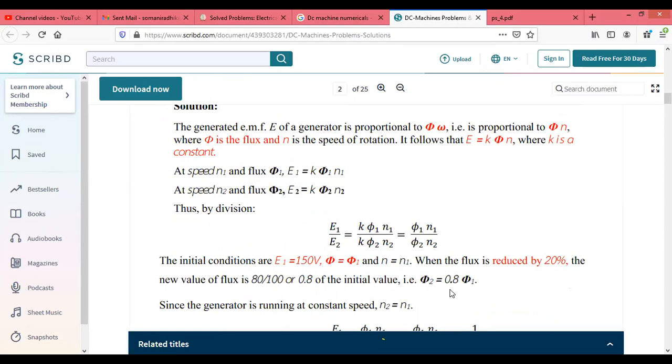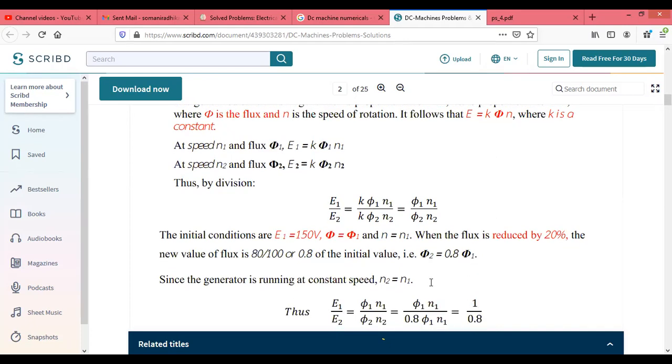This is very easy. When we say a 20% reduction, 20 goes out of 100, so the value will be 80%. In decimal, you can write 0.8 with respect to phi 1. So we get the ratio of phi 2 to phi 1.